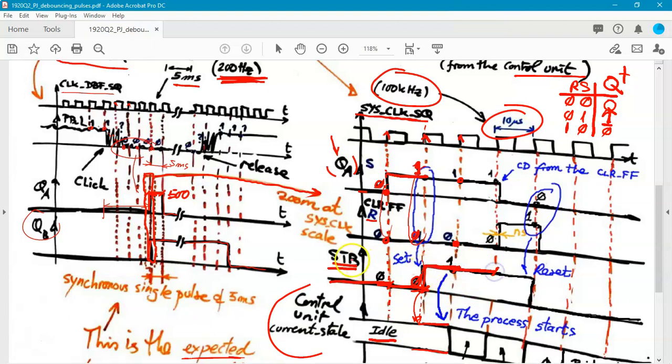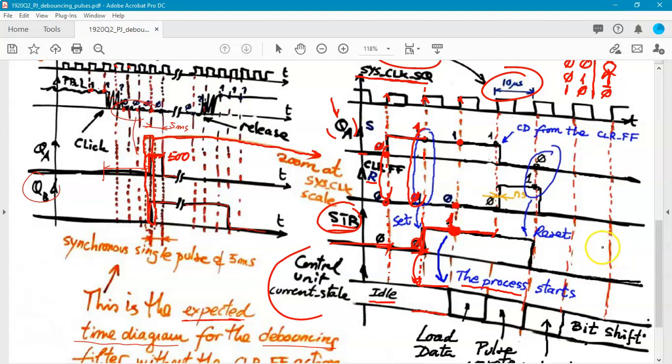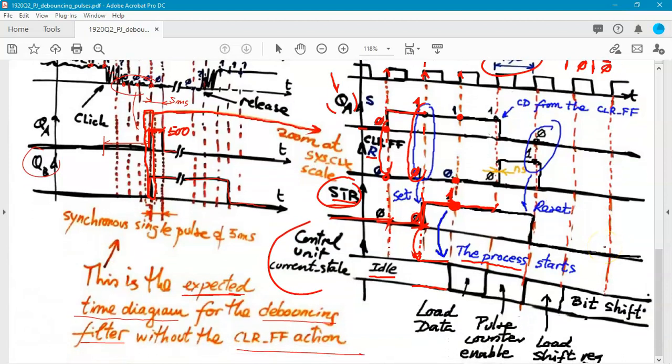You see, the output from the flip-flop is kept high, but now the control unit can sample for the first time a 1. So if a 1 is sampled, this means that the control unit can start the process of generating the frame of 16 pulses and then the consequent delay, if that is what is predicted by means of a periodic signal. So the first thing that the process does is to generate the low data state.